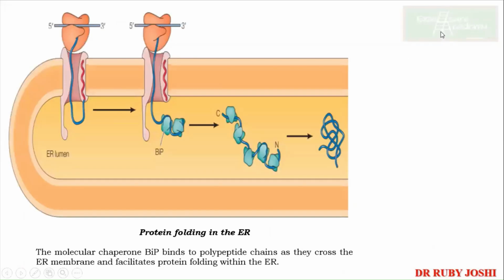So now I'm sure everyone got it, whenever you talk about resident proteins, it means they are the proteins always present in the ER. So now look over here in this figure. I have a doubt. What is the difference between a chaperone and a chaperonin?